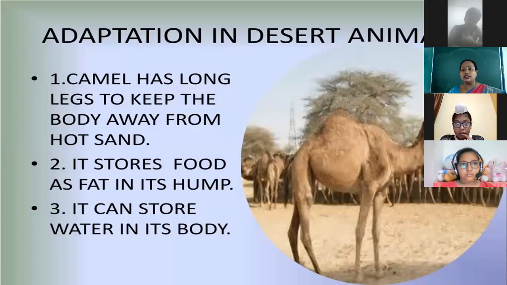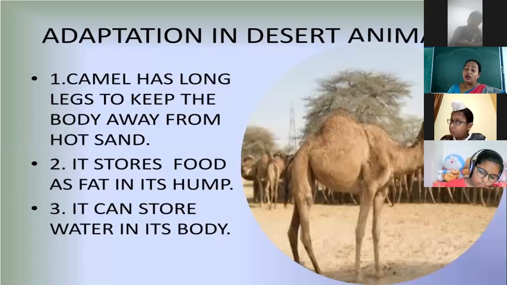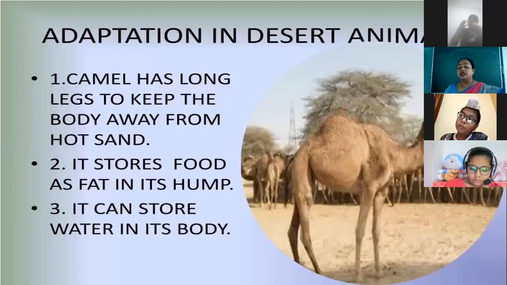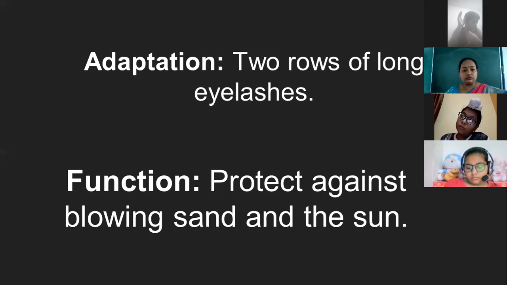Last time somebody asked me, Miss, where is the water stored in its body? So let me make it very clear that it is stored in its complete body. That means it is in its bloodstream, it mixes in its blood. It is in the bloodstream, and from there the water is used up.